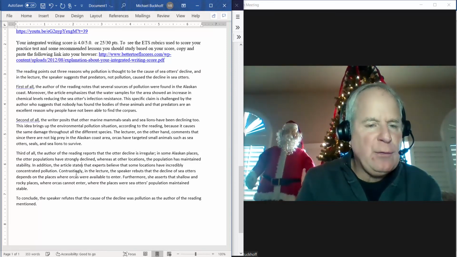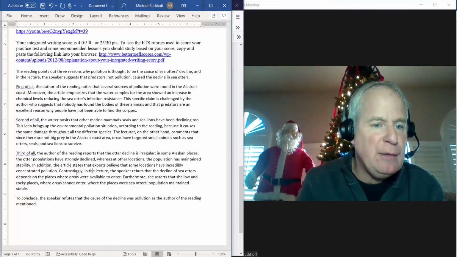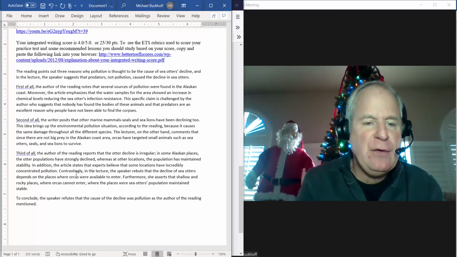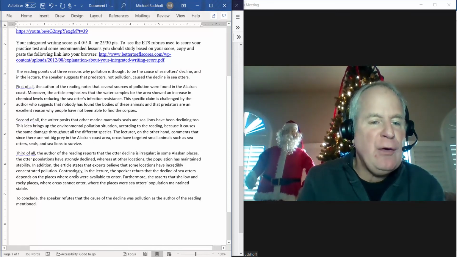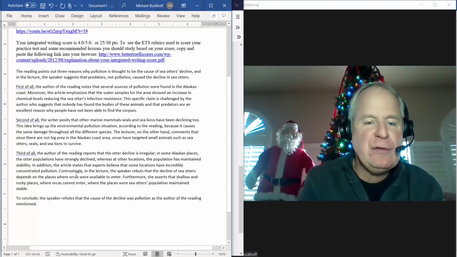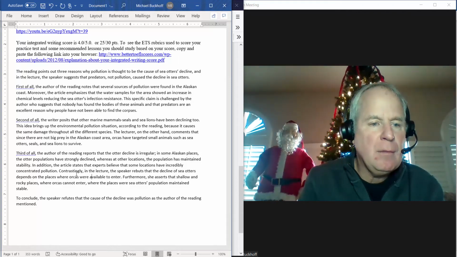In addition, the article states that experts believe that some locations have incredibly concentrated pollution. Contrastingly, in the lecture, the speaker rebuts that the decline of sea otters depends on the places where orcas were available to enter. Furthermore, she asserts that shallow and rocky places where orcas cannot enter were the places where sea otters population maintained stable.